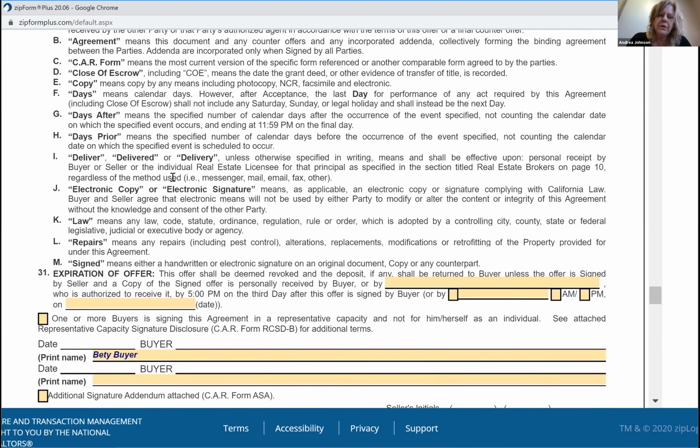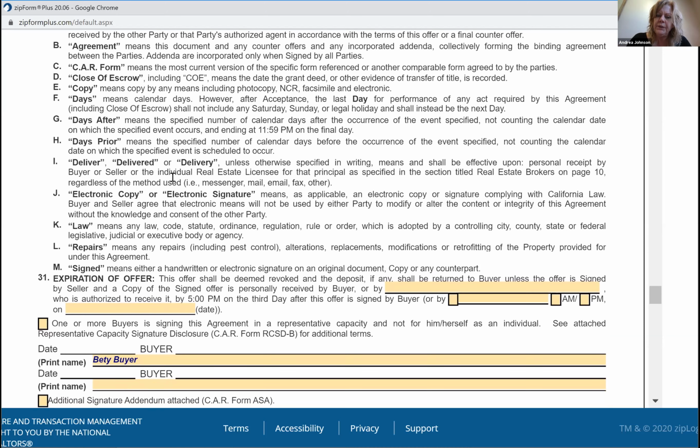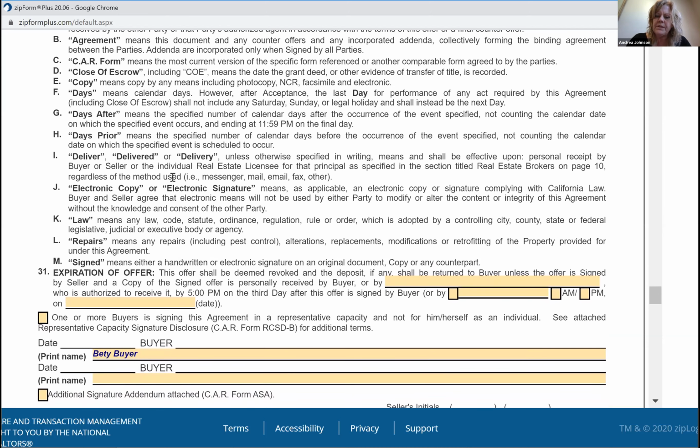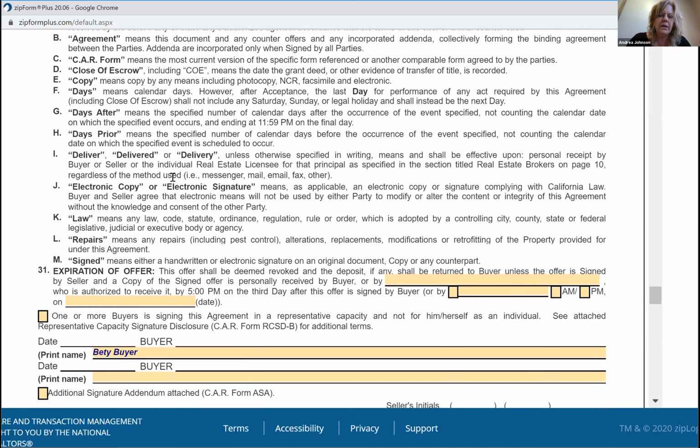And then days after, this means a specified number of calendar days, not business days, after the occurrence of an event specified, but not counting the calendar date on which the specified event occurs, and it ends at 11:59 p.m. on the final day. So this refers back now, say for instance, to your notice to buyer to perform.